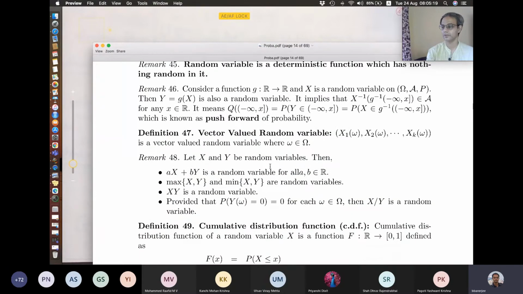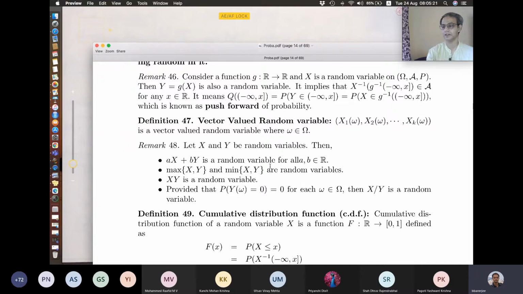But here are a few examples of random variables and their functions. If x and y are random variables, then a times x plus b times y is also a random variable for all a, b belonging to R. Maximum and minimum of x, y are also random variables. x times y is also a random variable.